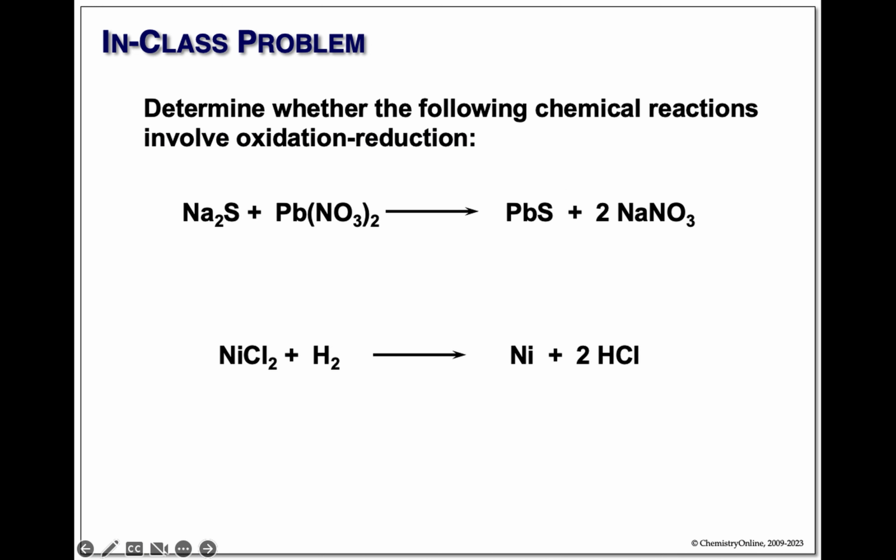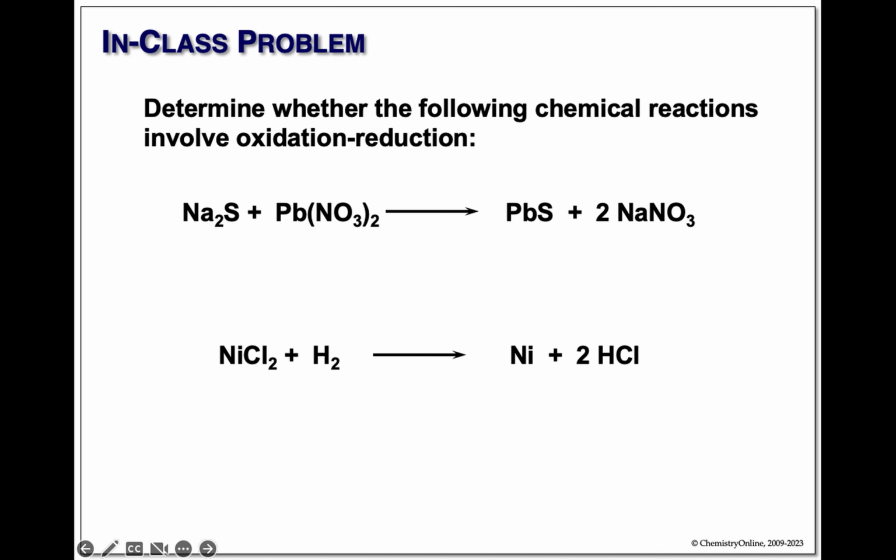Sodium sulfide, lead nitrate, lead sulfide, sodium nitrate. Lead sulfide will be insoluble, won't it? It's a double replacement reaction. Well, sulfur will be -2. The nitrate altogether is a -1.